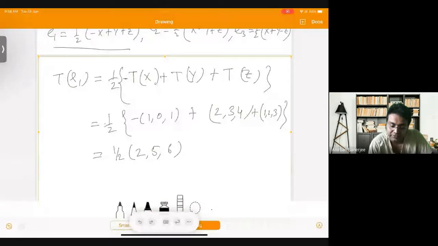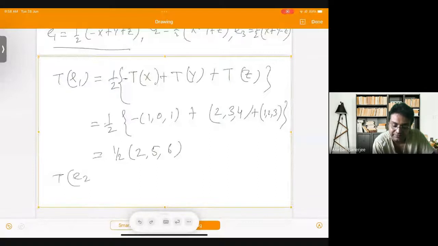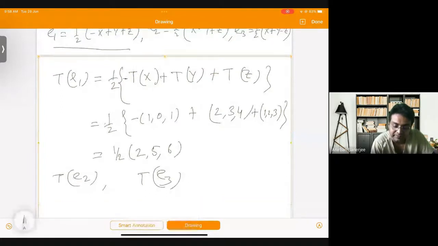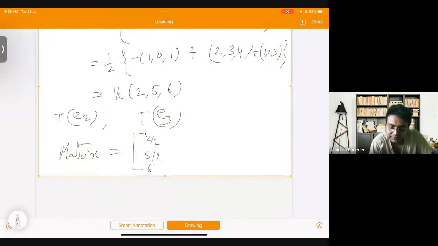You figure out the values of TE2 and TE3 at home. The matrix will be 2 by 2, which is 1, 5 by 2, and then 6 by 2 as the first column. In the same way, the second column will be TE2 and the third column will be TE3.